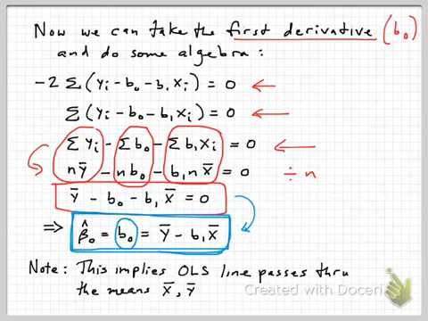But we're going to call it beta 0 hat, because that's the one that is the ordinary least squares estimate. Okay? And as you'll probably note in class, this little formula implies that the ordinary least squares line passes right through the means of the data, x bar and y bar, which is a nice property of ordinary least squares. It really slices right through the center of the data, if you like.